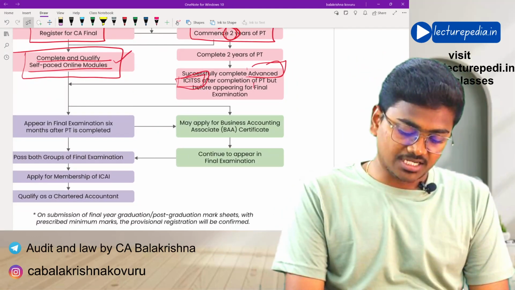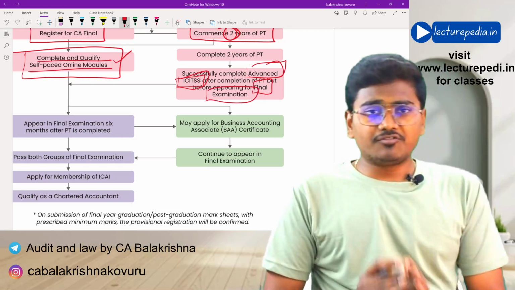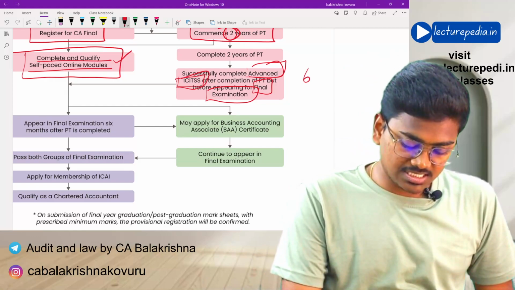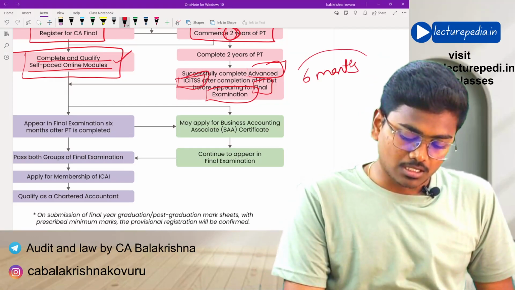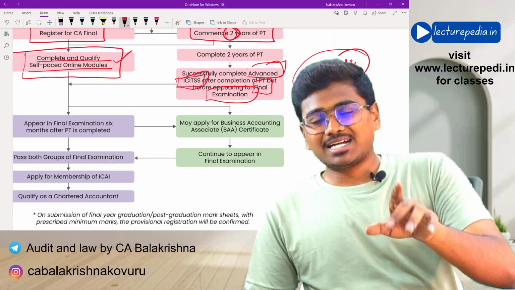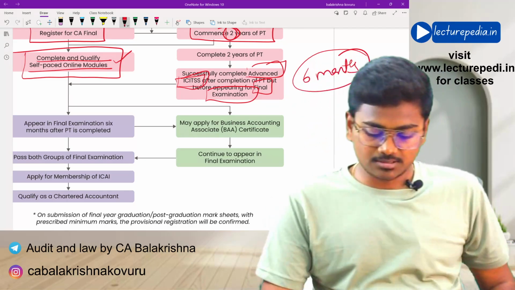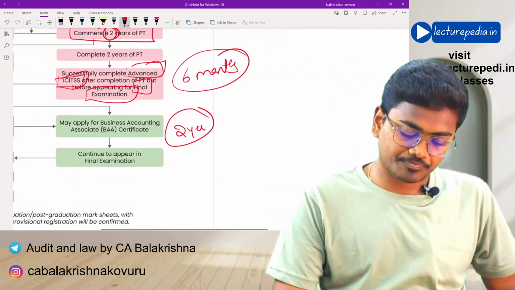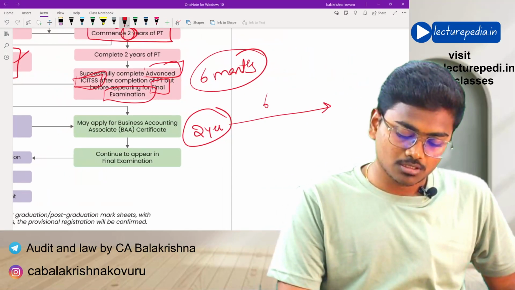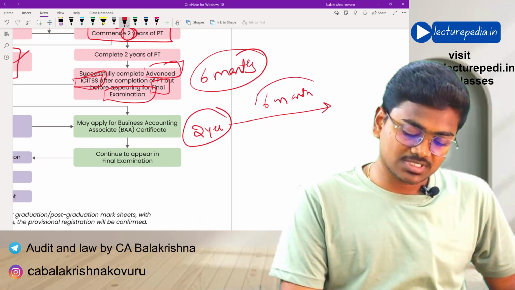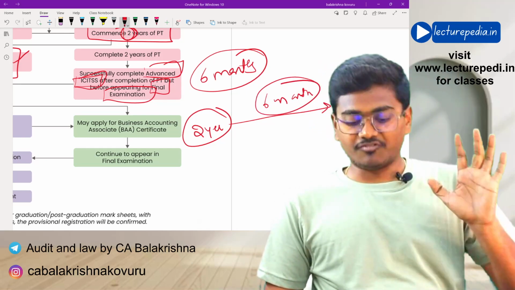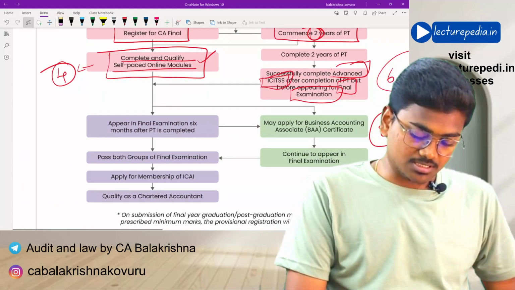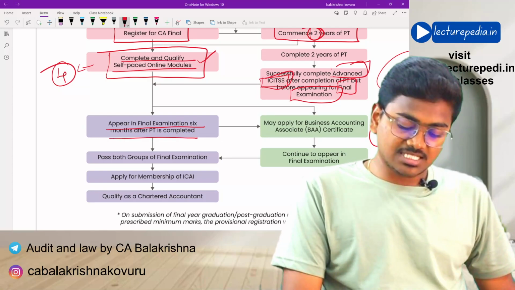After completing your 2 years of practical training, 4 online self-paced modules and the advanced ICITSS course, you can appear for the final examination. And for the final examination, the minimum study period required is 6 months. After completing your practical training, you need to study for your CA final for the next 6 months, and then you can appear for the CA final examination.